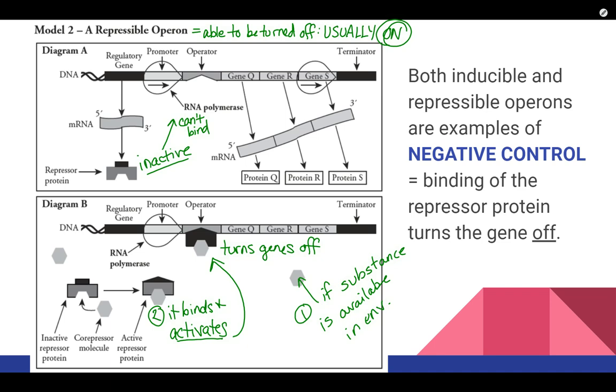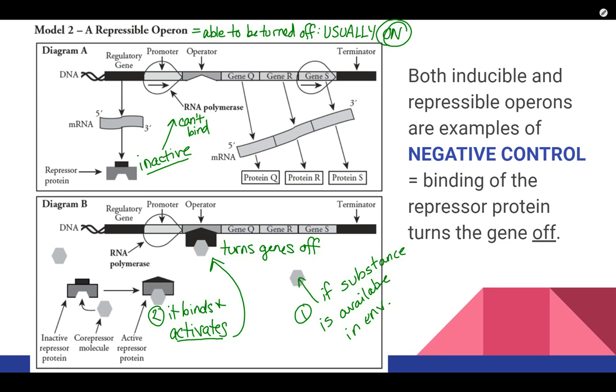Sometimes, like with the lactose thing, the cells have lactose, but they also have glucose, which is actually a better energy source. So they'd rather break down the glucose. But then after the glucose is gone, they want to turn on the lac operon so they can digest the lactose. So cells have a lot more levels of control than just one or the other.